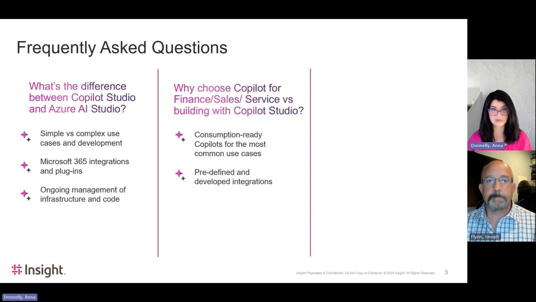It will do things like update your CRM. There's a lot of agent capabilities tied to Copilot for Finance. It takes a significant amount of work out of building your own Copilot, especially for something that's going to be used by a wider audience.